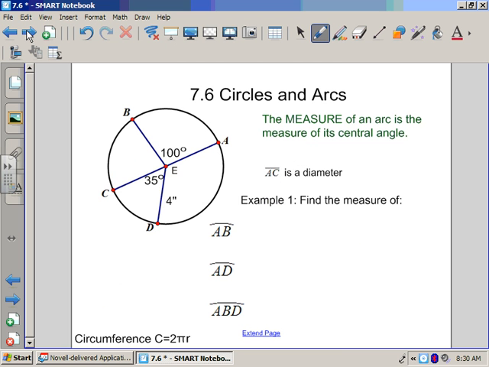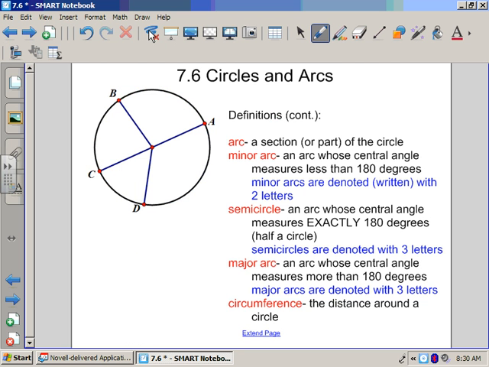A major arc is an arc whose central angle measures more than 180 degrees. Let me sketch here a major arc. Notice that it goes more than half the circle, so its central angle has to be more than 180 degrees. I would call this by three letters.